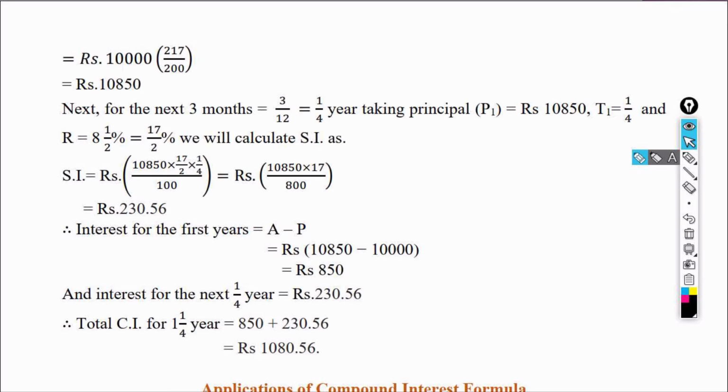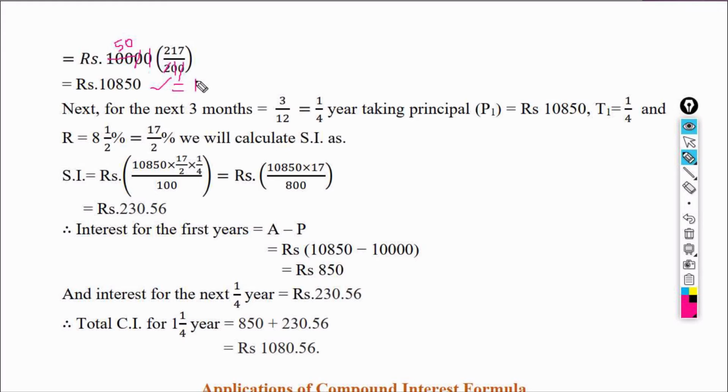Cancel here: 2 zeros of 10,000 with 2 zeros of 200. Now cancel 200 by 100, it becomes 50, and 50 into 217 is rupees 10,850, and you can take this one as principal.